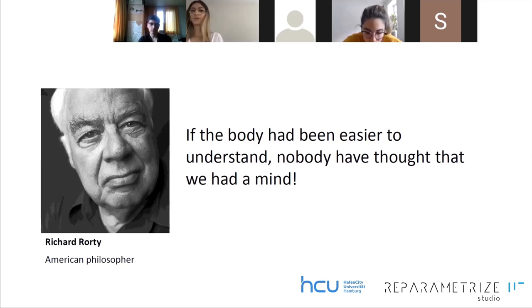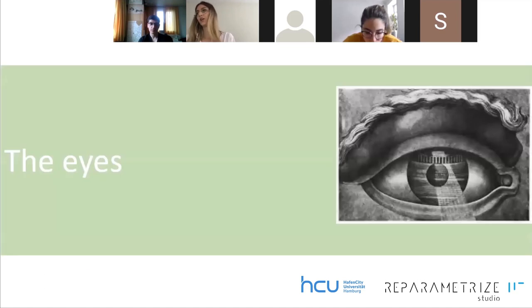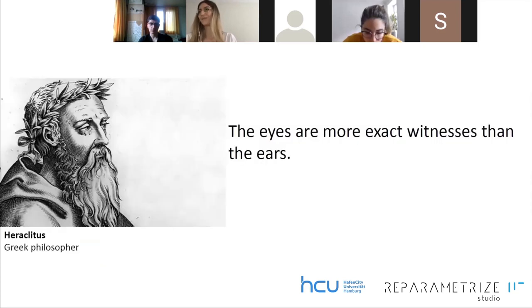Speaking about seeing it closely, we're going to move to the next slide, where we talk about the second sense, the eyes, which everybody thinks is the most important. In Western culture, we started with the Greeks, and Heraclitus said the eyes are more exact witnesses than the ears.